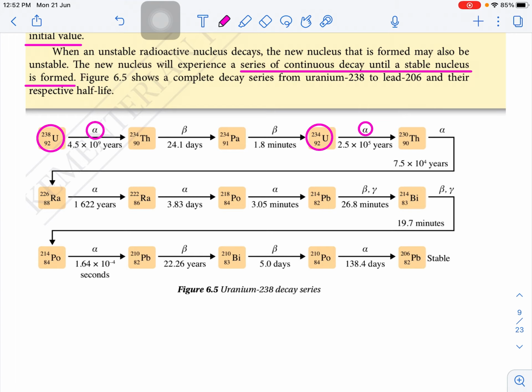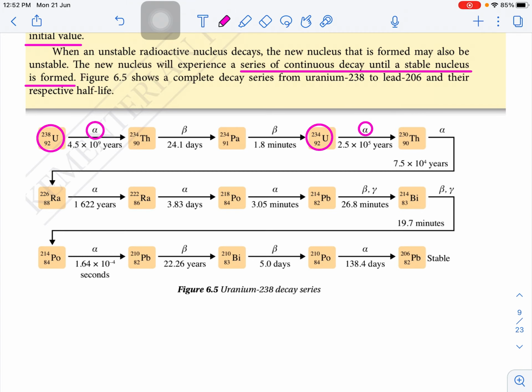So uranium-238 and uranium-234 are known as radioisotopes, because they are radioactive elements that have the same proton number but different nucleon number, which we call isotopes. That is radioisotope.